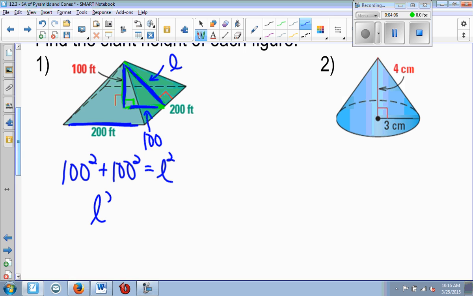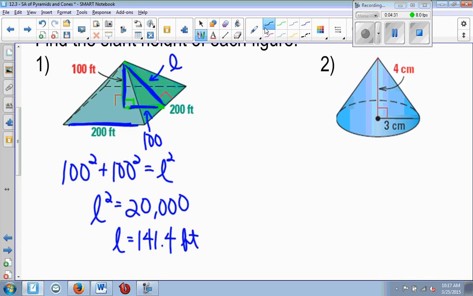So L squared equals 20,000. And then if I want to find what L is, I've got to take the square root, and I end up with 141.4. So in my formula for the slant height, I would plug in 141.4 if I was trying to find the surface area of this pyramid.